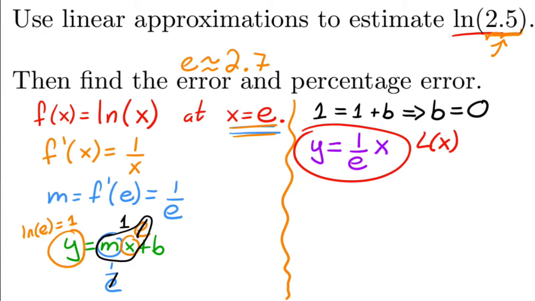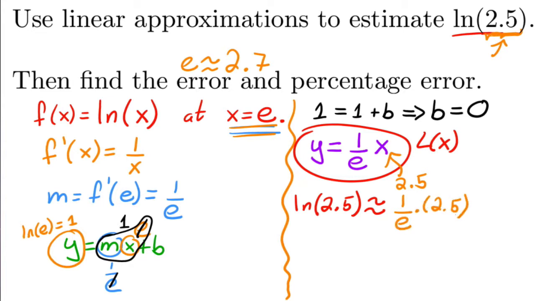Okay. So then, the next part is we want to approximate natural log of 2.5. And so we say that natural log of 2.5 is approximately equal to plugging in 2.5 into this function. So I have 1 over e times 2.5.